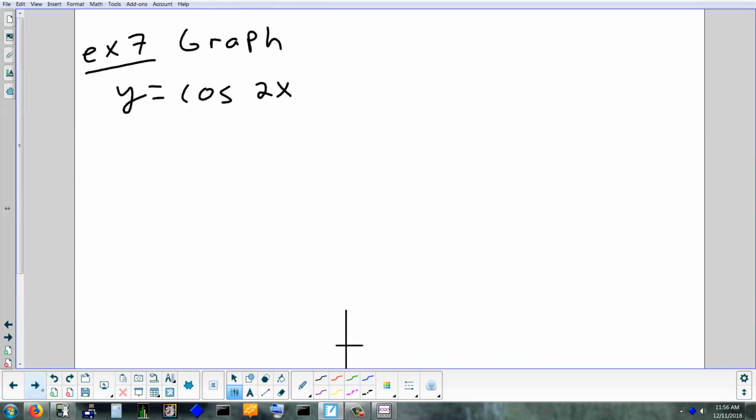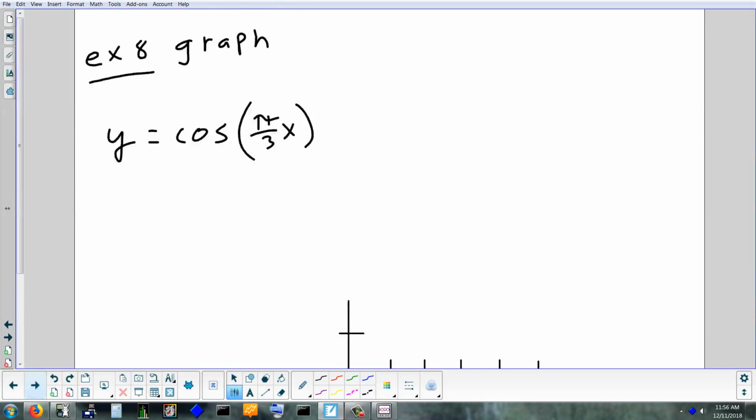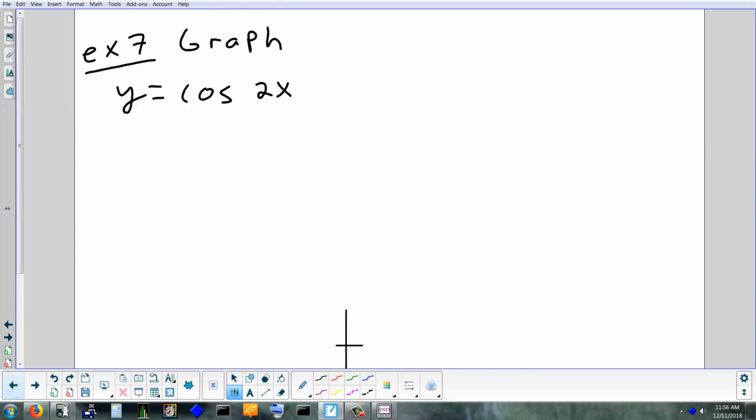All right, so let's look at a cosine, and this time it's a number bigger than 1 in front. So this is going to cause the opposite of the last problem. It's going to cause a compression.